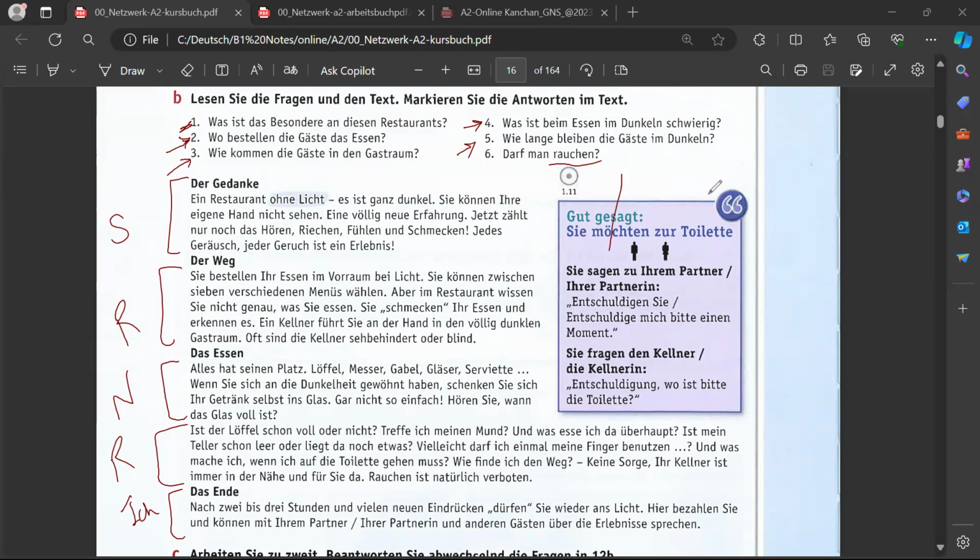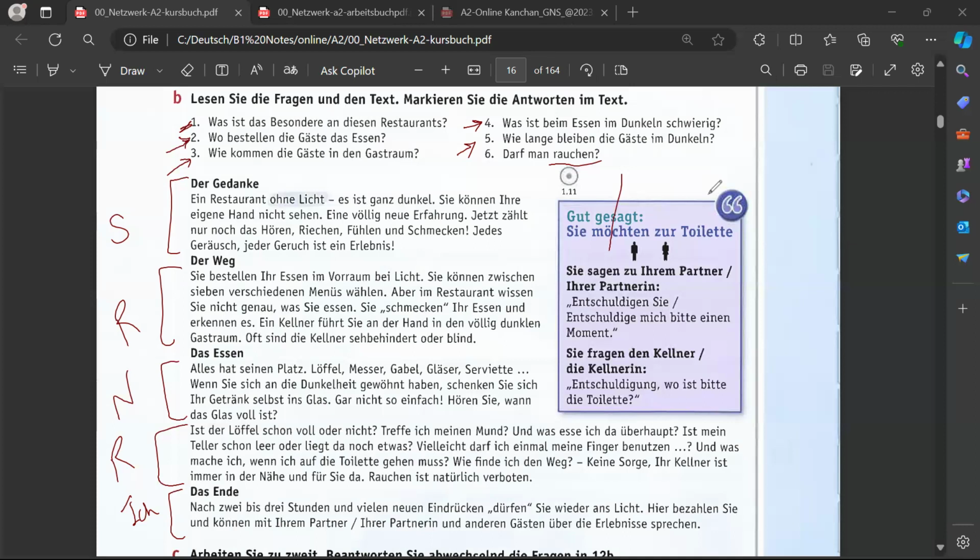Next person. Ist der Löffel wohl voll oder nicht? Is the spoon already full or not? Treffe ich meinen Mund? Do I hit my mouth? Und was esse ich da überhaupt?